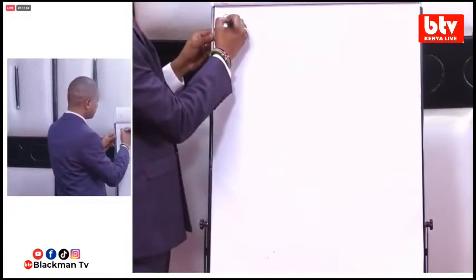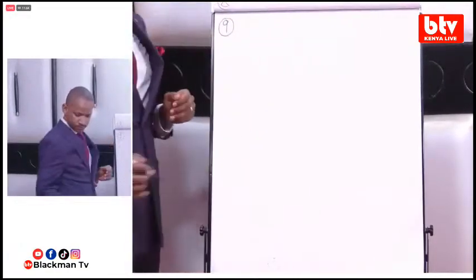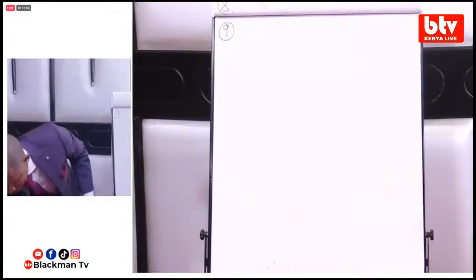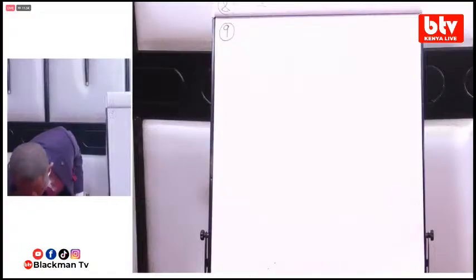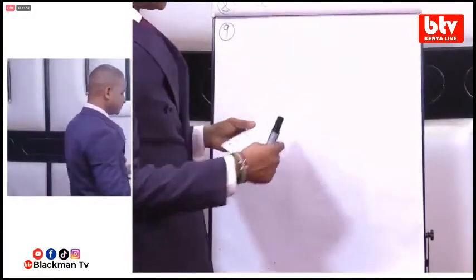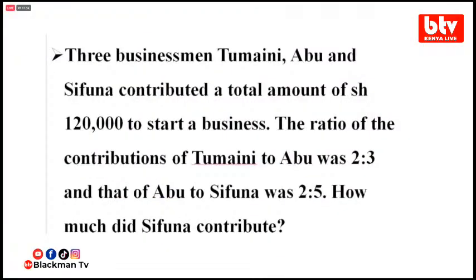Question 9. Three businessmen, Tumaini, Abu, and Sifuna, contributed a total amount of 120,000 to start a business.